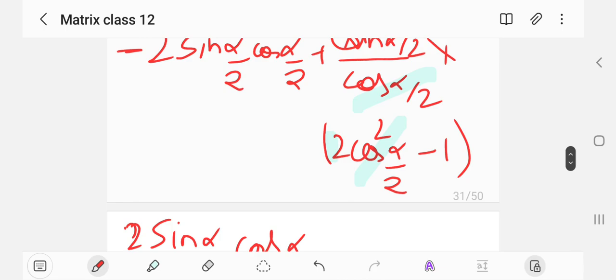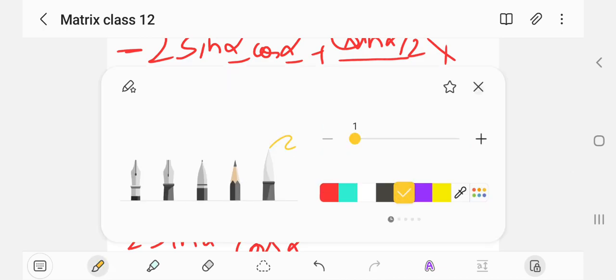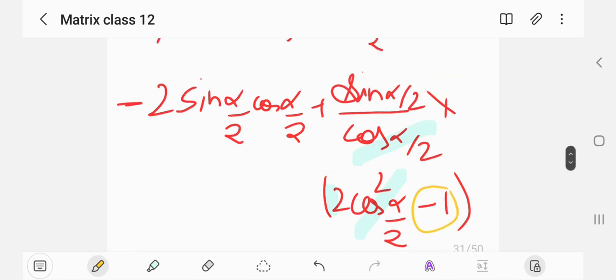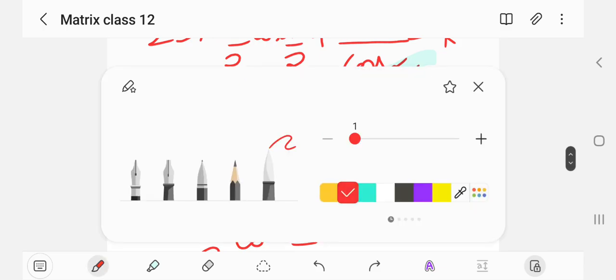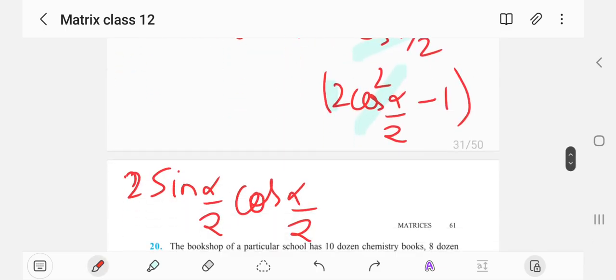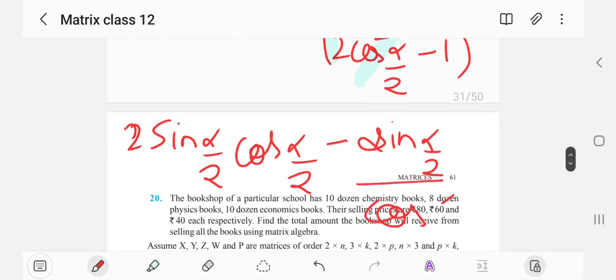And besides this I have this minus 1 also, which I have to multiply with this part, right? When I multiply it, what do I get? I get the same with negative sign, sin alpha by 2 divided by cos alpha by 2.